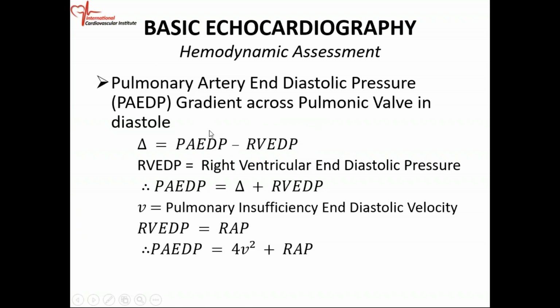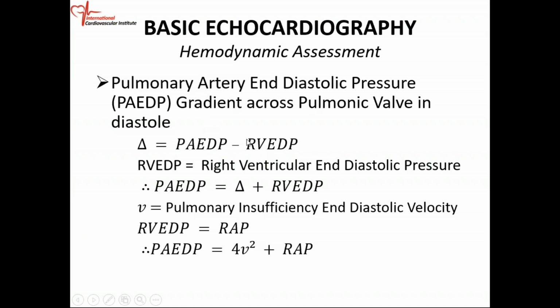So the gradient for pulmonic insufficiency or pulmonary regurgitation is the pulmonary artery end diastolic pressure, that is the pressure in the pulmonary trunk at the end of diastole, minus this, the pressure in the right ventricular outflow tract at the end of diastole. Because the blood is flowing in the opposite direction, this pressure has to be greater than this pressure. But the difference is the gradient.